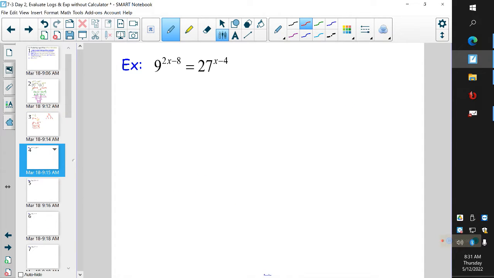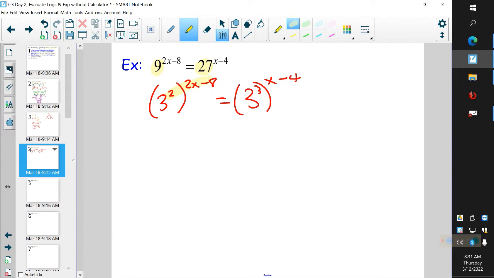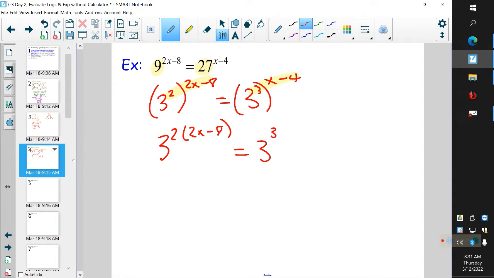Next, 9 and 27. They need to have the same base. So 9 is the same thing as 3 squared. 27 is the same thing as 3 cubed. So now I multiply those exponents. 3 to the 2 times (2x minus 8) is equal to 3 to the 3 times (x minus 4).